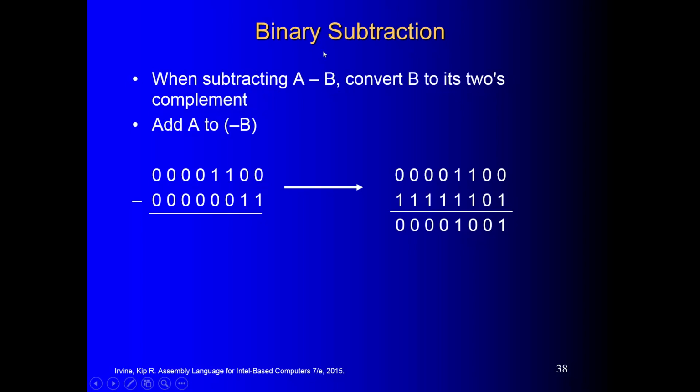How to subtract 2 binary numbers? When you do A minus B, you can say A plus negative B, and we have learned this in algebra. A minus B can be A plus negative B in algebra.